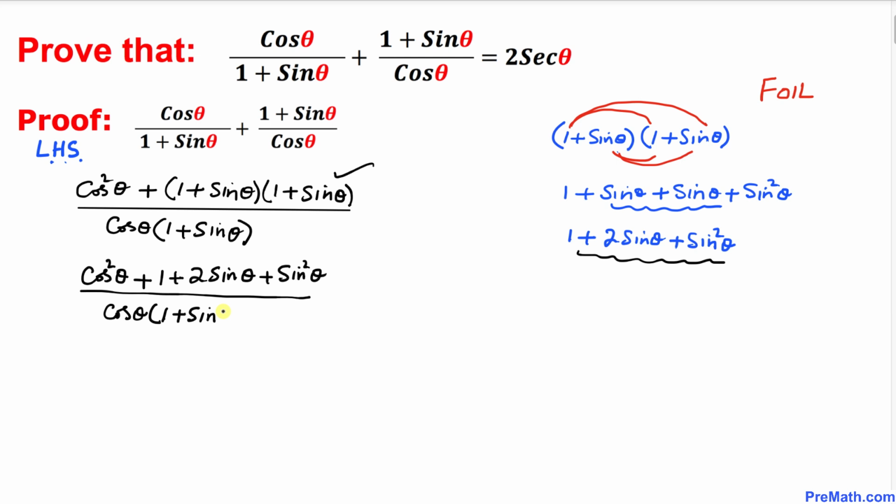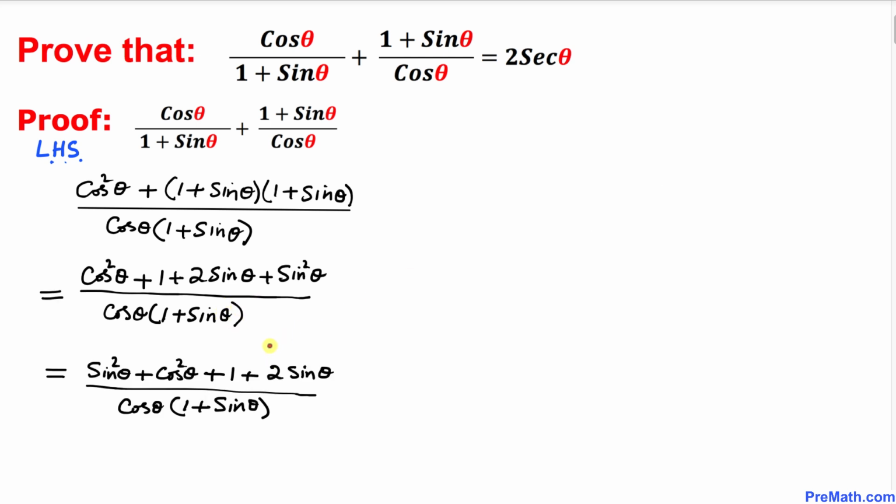We're not going to change anything at the denominator. And here's our next step. In this step, I have just rearranged these terms. On the numerator, I just wrote down sine square theta and cosine square theta together, and then 1 plus 2 sine theta, and the denominator is the same.